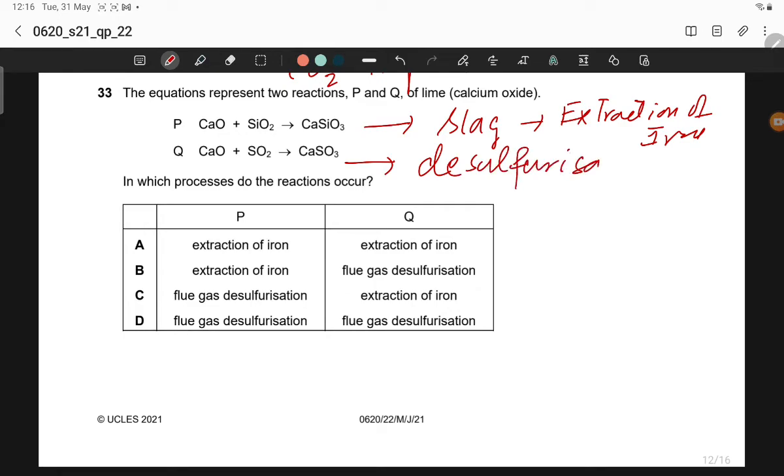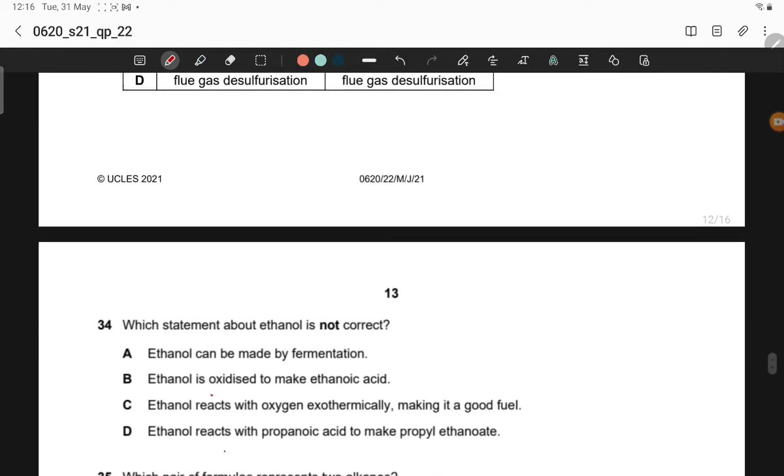Desulfurization is the process used to remove flue gases, and sulfur dioxide is a flue gas. In which process do the reactions occur? Extraction of iron, flue gas desulfurization. B must be correct.